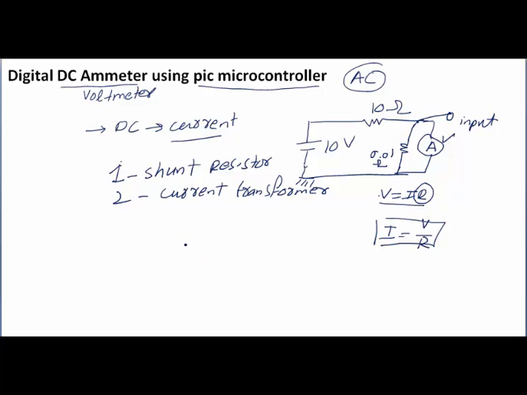Let me tell you how you can use this circuit. For example, we have a 24 volt DC supply, and here is our load, and we want to measure current through this resistor. So we will simply connect a shunt resistor here, and for example, this is ground, and the value of the shunt resistor is 0.1 ohm.